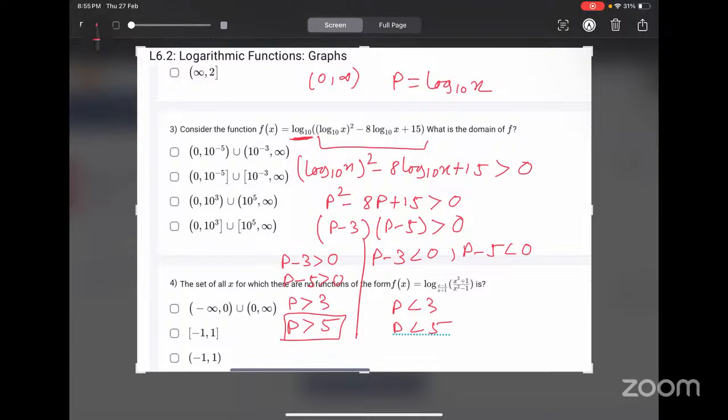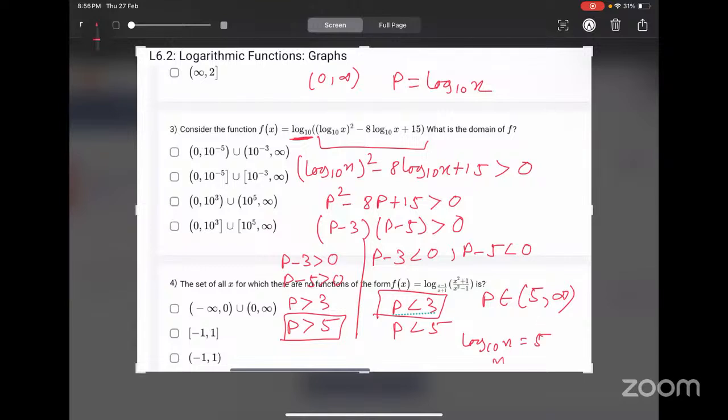And if p is less than 3, p will automatically be less than 5. So here we will take p less than 3. That means we have p greater than 5, which means p belongs to 5 to infinity. Now p is 5 means log 10x is 5.